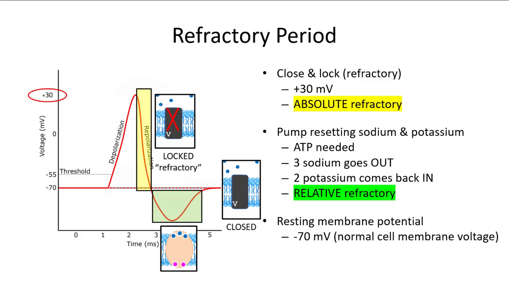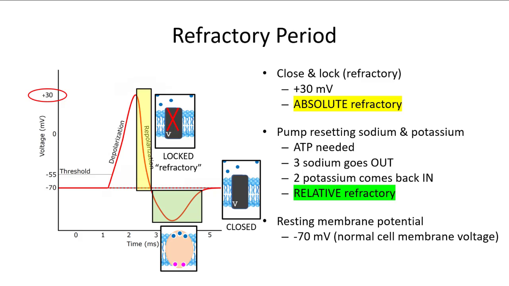Finally, during this pump and resetting phase, which uses ATP to get 3 sodium out of the cell and 2 potassium back in, we have a relative refractory period, which means that sodium voltage-gated channels really don't want to open, but if a strong enough stimulus were to arrive at that neuron, it could stimulate again.